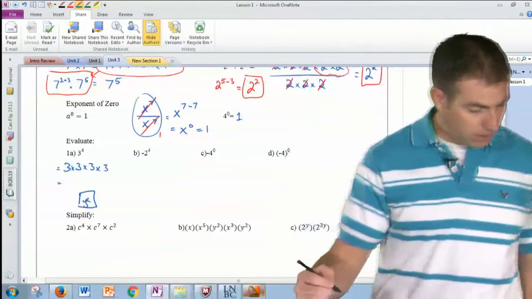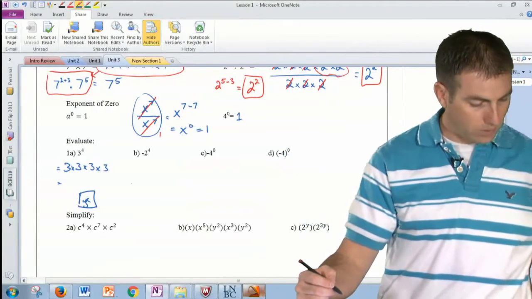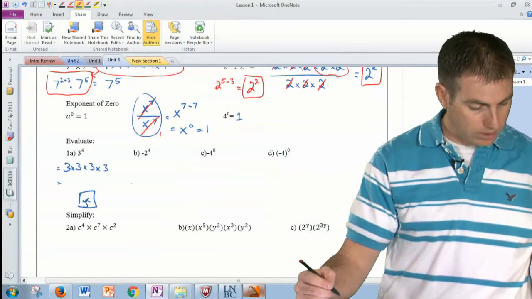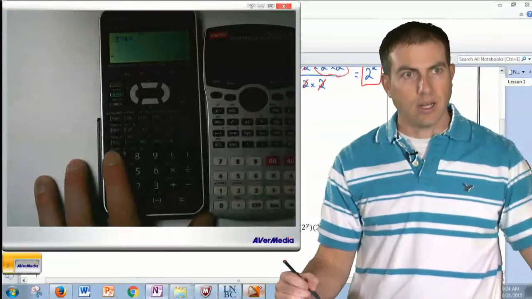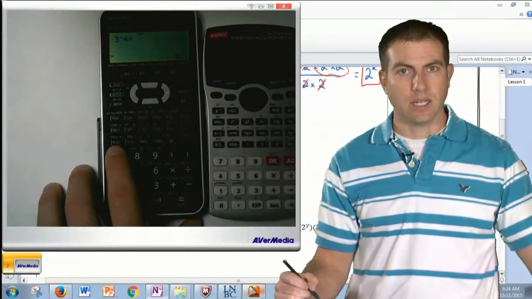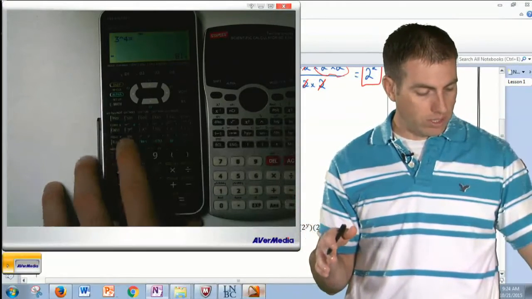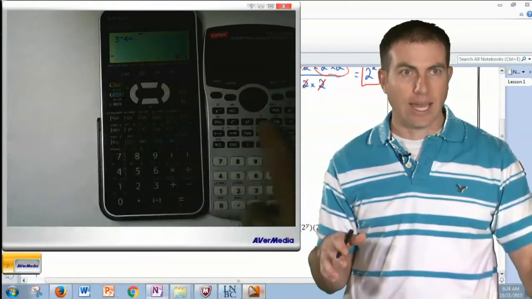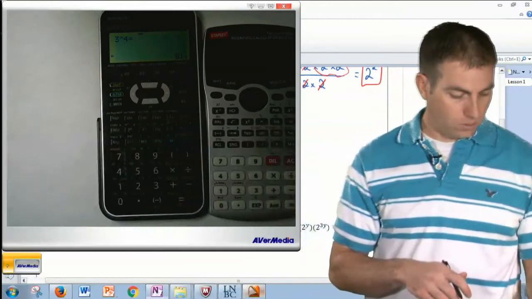There are other buttons that will sometimes work, but I don't want you to use, like the EXP button here. You can probably see it a little bit. EXP is an exponential power, not what we want to use. So you probably have y to the x, or you probably have the little hat. And that's what you're going to do.